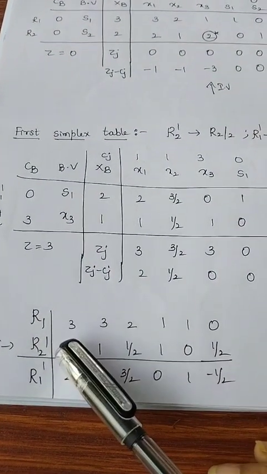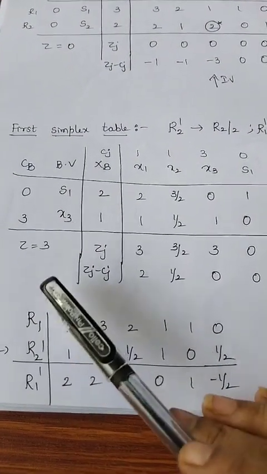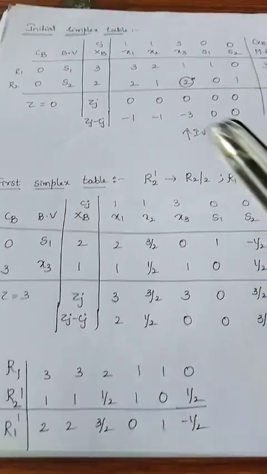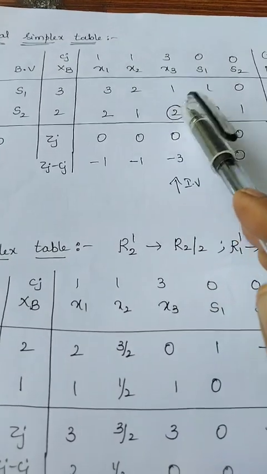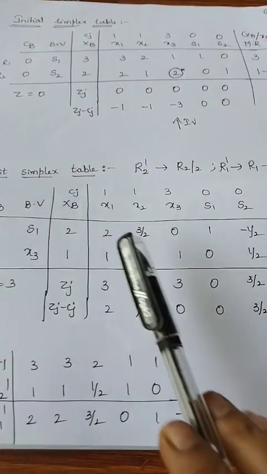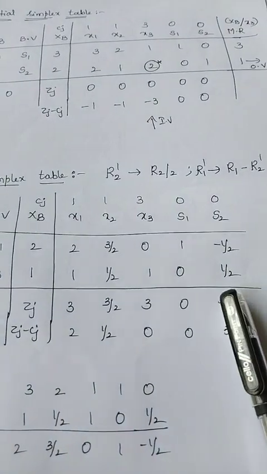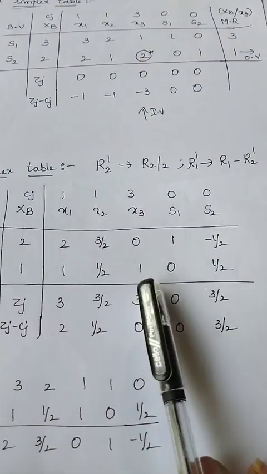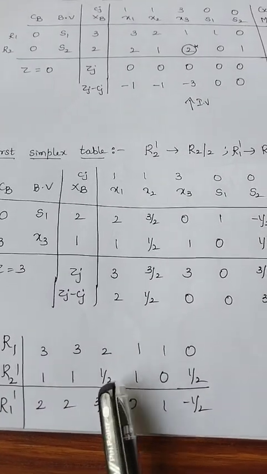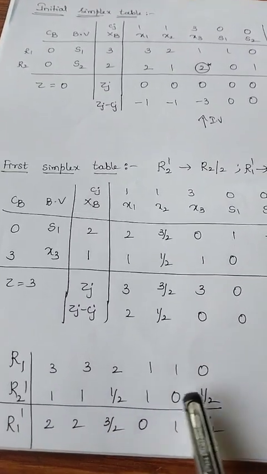R1 minus R2 dash, you are going to get R1 dash, where R1 is nothing but 3, 3, 2, 1, 1, 0. What is the value of R2 dash? That is the new row: 1, 1, 1 by 2, 1, 0, 1 by 2.